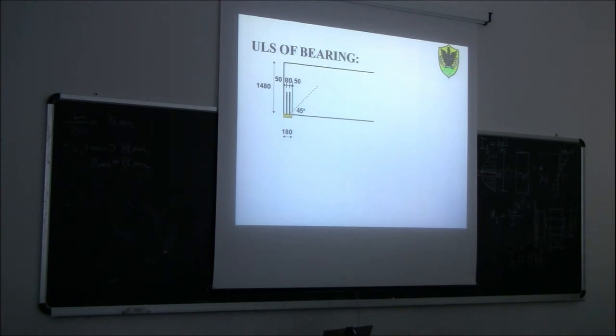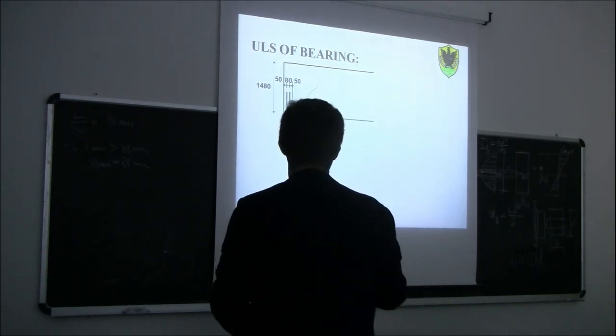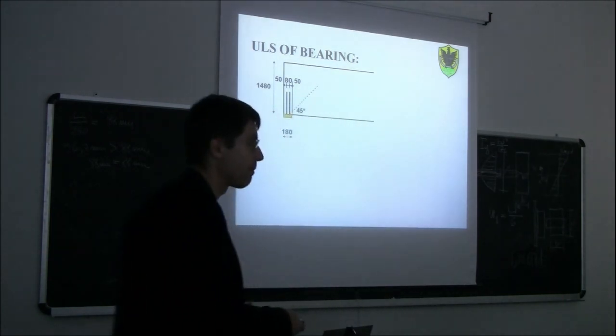So there is a very simple design criterion based on assuming that, due to the bond between the screws and the wood, this pressure that we have applied on this bearing area will be diffused inside the wood along this 45 degrees inclined line.